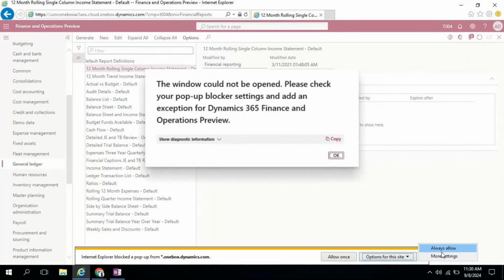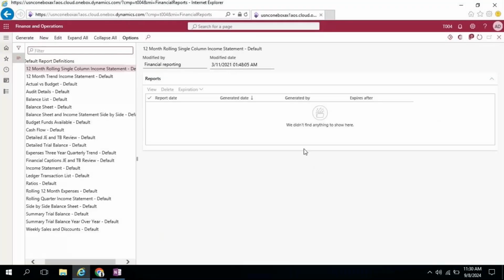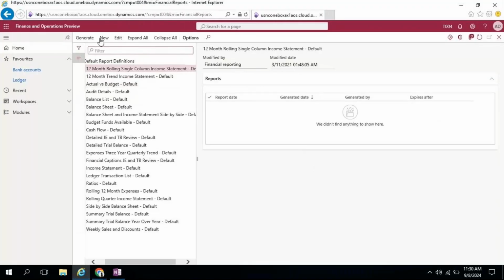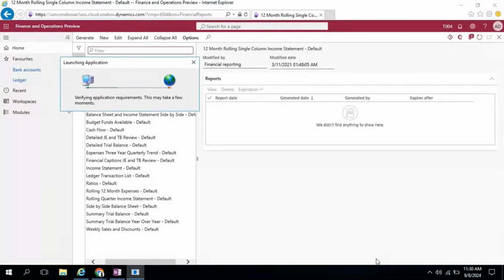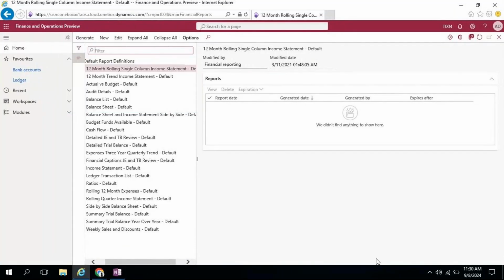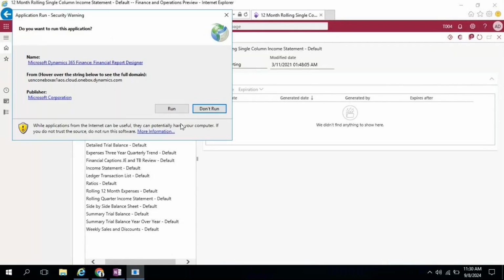The open option for this is always allow. Let me click on the new button, open, and see if the designer gets opened or not. Run.